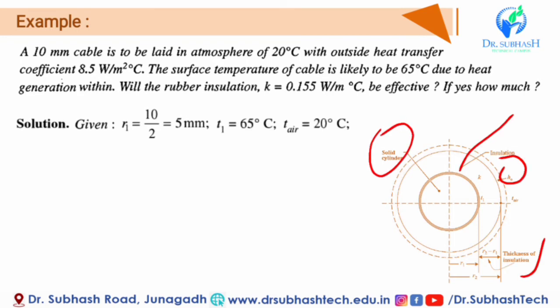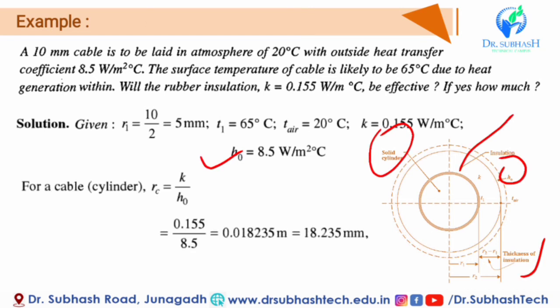As per the given data, R1 is 10 divided by 2, that is 5 mm. T1 is the surface temperature, 65 degrees centigrade. Atmospheric or air temperature is given as 20 degrees centigrade. Thermal conductivity K is 0.155 watt per meter degree centigrade, and Ho, the convective transfer coefficient, is 8.5 watt per meter square degree centigrade.